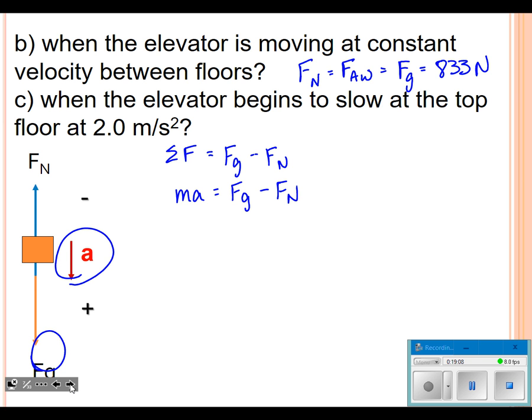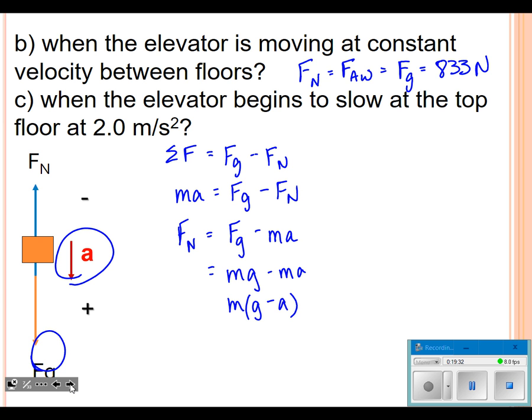As I rearrange things, my F of n would be equal to F of g minus my mass times acceleration. So I'd have my mass times gravity minus my mass times acceleration, and then if I factor out my mass, it's gravity minus acceleration.